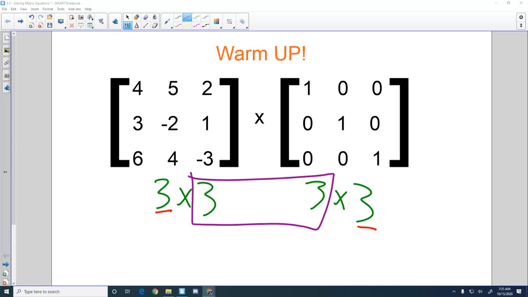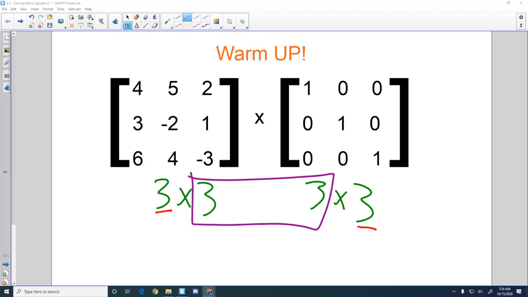Those ones and zeros make it pretty easy, doesn't it? All right, so you multiply like 4 times 1 plus 5 times 0 plus 2 times 0.